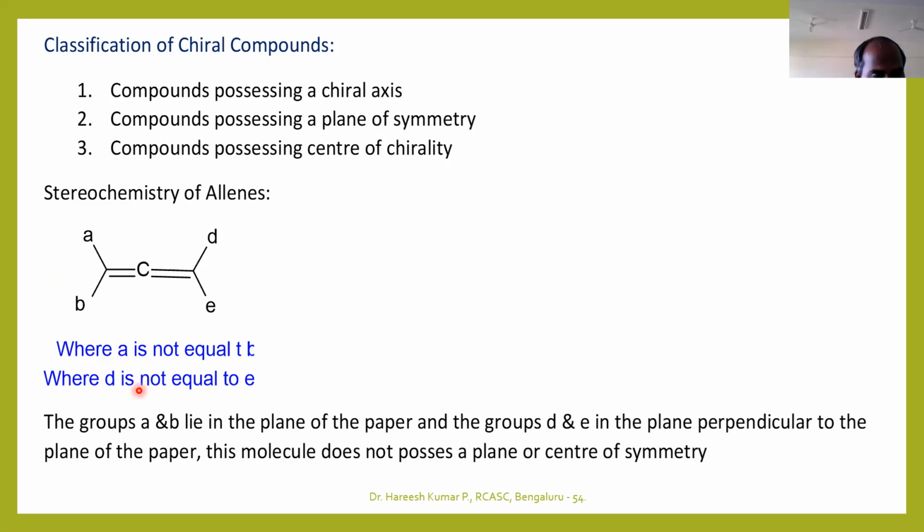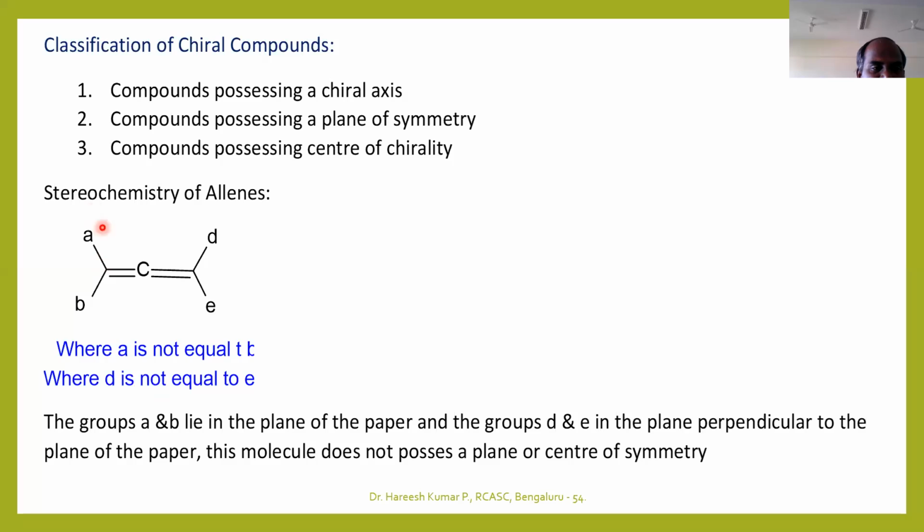So what is the condition? A should not be equal to B, D should not be equal to E. That is the condition you need to remember. If there are two double bonds, and A is not equal to B, D is not equal to E, such kind of allenes exhibits optical activity. And the groups A and B lie in the same plane. So what another parameter you need to remember here?